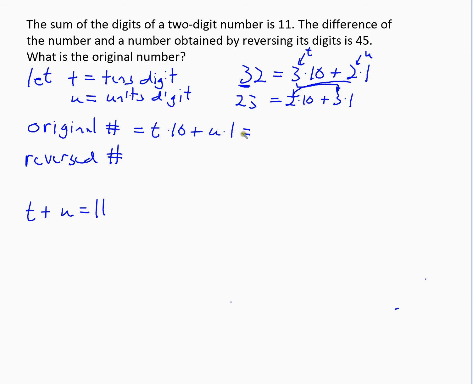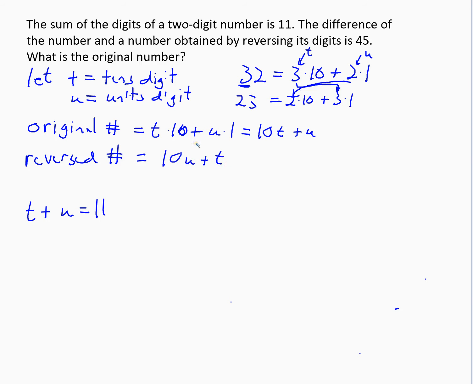This is better written 10t plus u. Now the reversed number: to reverse the digits, we simply switch the t and the u. So instead of 10t plus u, we will have 10u plus t.